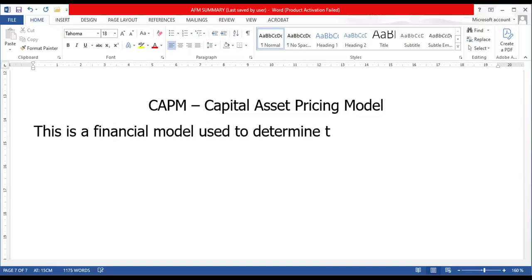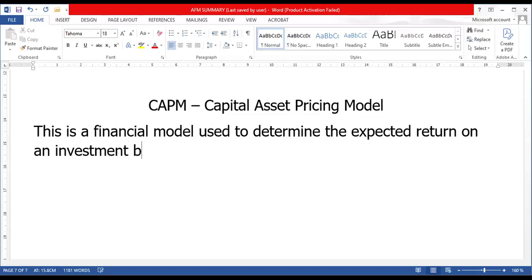This is a financial model used to estimate the expected return on an investment based on its systematic risk. Yesterday we discussed all these things. What is a systematic risk?